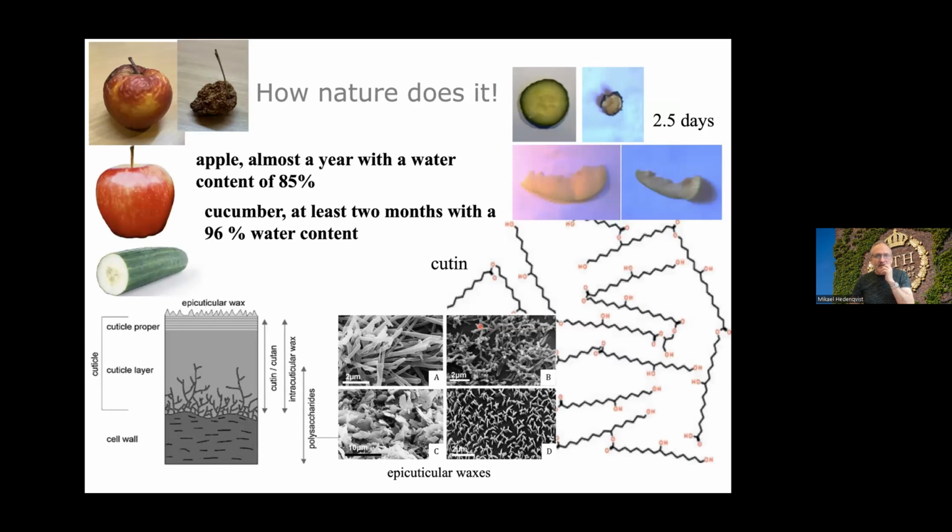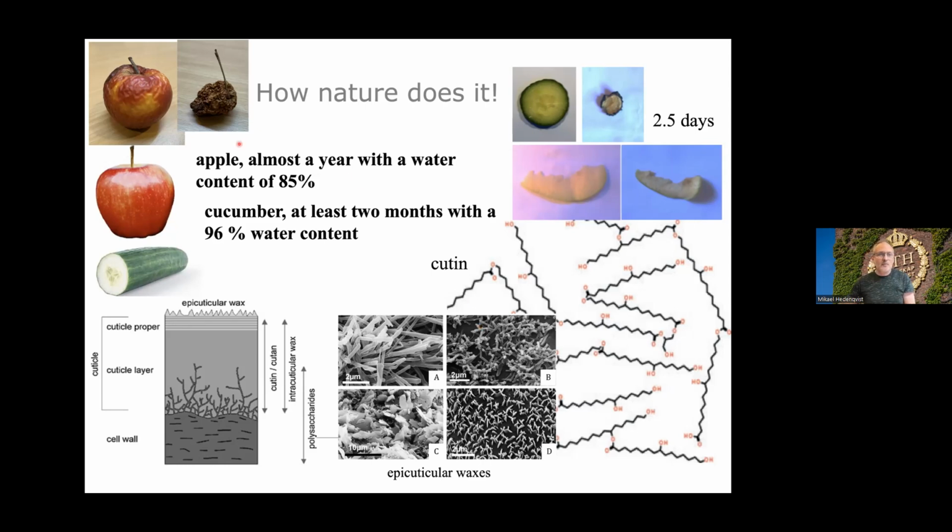Finally, I will just say something about this, because it's something we work on right now. We are mimicking nature to obtain barrier solutions and bio-based barrier solutions at the end. And we have been looking at, for example, apples that keep the moisture for over a year. There are those that do not, of course.